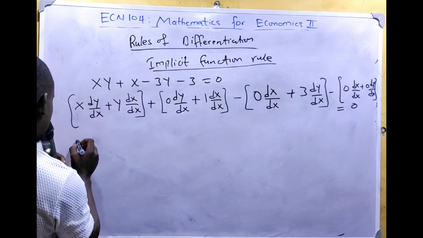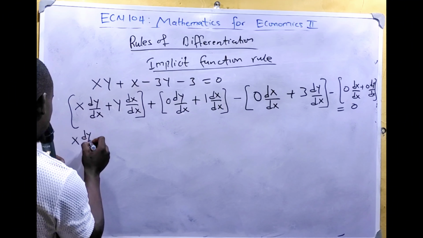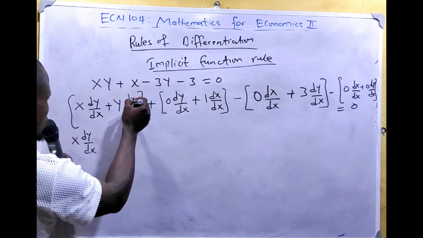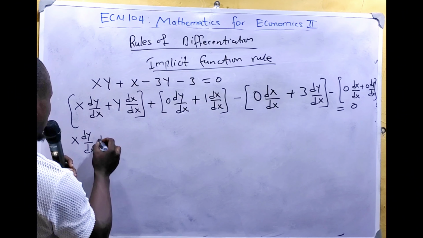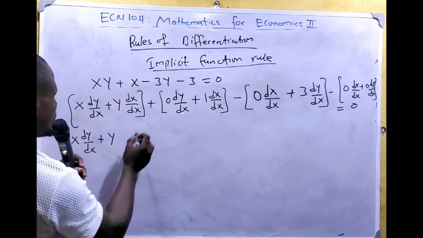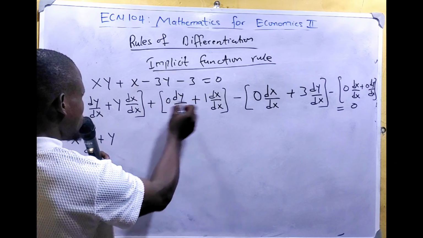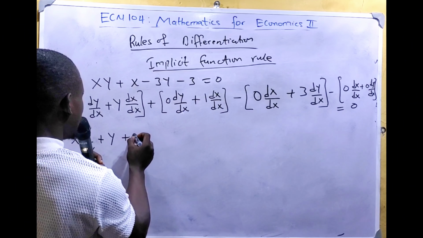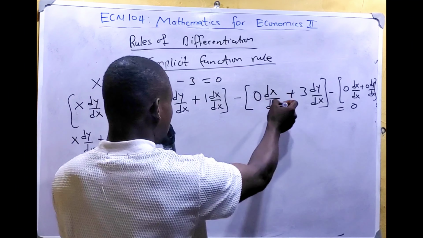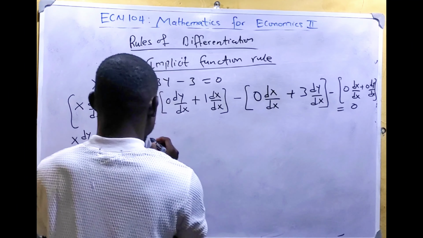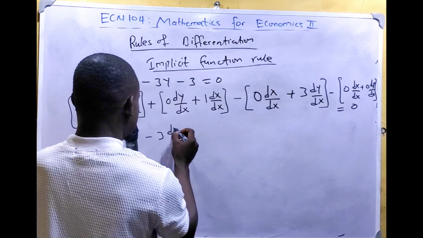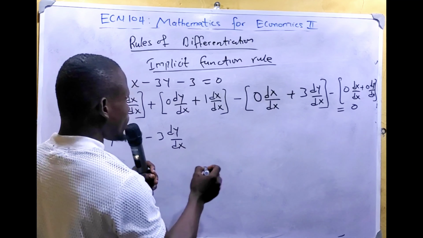This definitely will give us x dy dx. ds will be 1, so this will be dy ds plus y. This will give us 0. This will give us 1 plus 1. This gives us 0, this equals minus 3 dy dx.